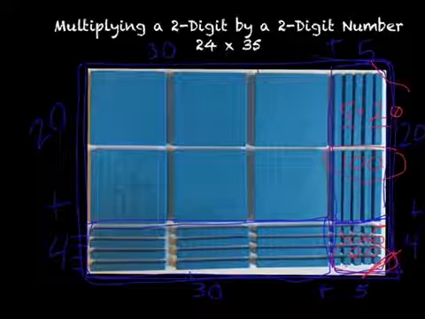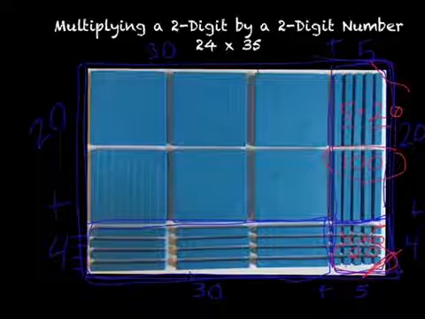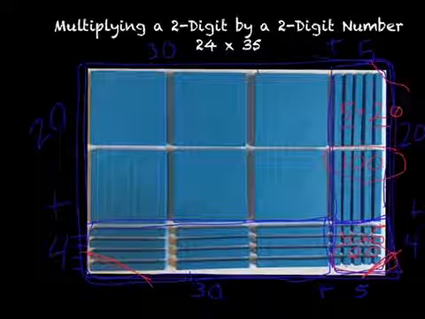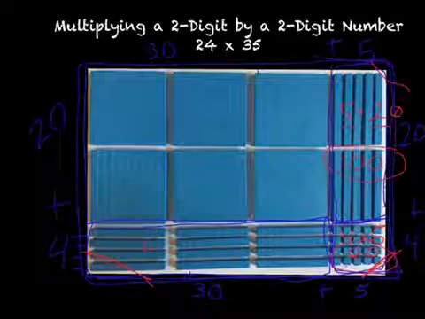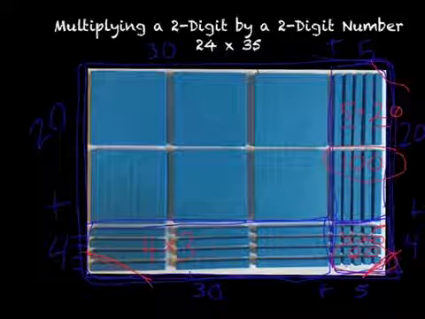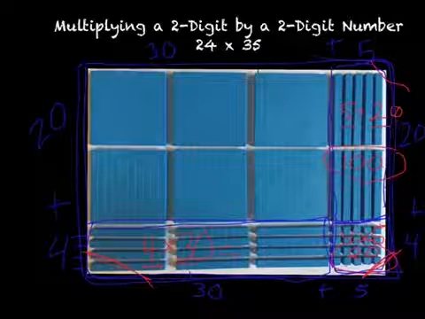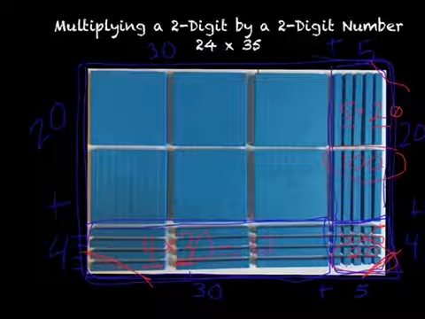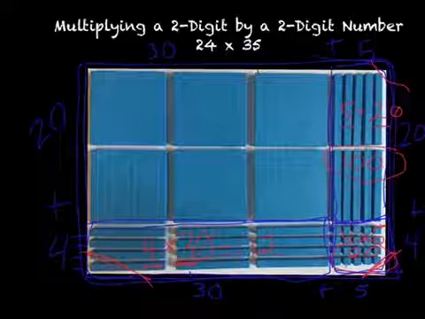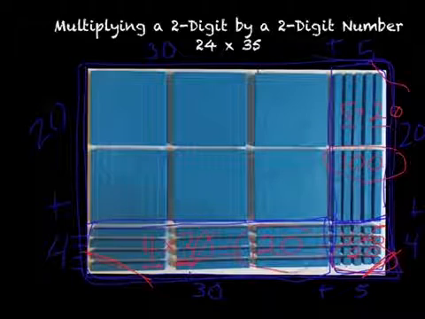Then I'm going to do my next smallest box, which is the 4 times 30, or 30 times 4. And that is not a fact that I know off the top of my head, but I do know 4 times 3 is 12. And if I have a 0 in the problem, I'm going to put a 0 in the answer.